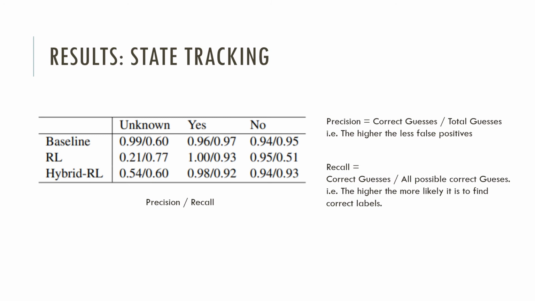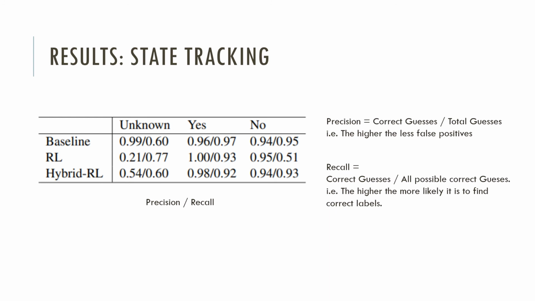Just as a quick reminder, precision is the ratio of the correct guesses to the total guesses that it made. So the higher the precision, the fewer false positives. Whereas the recall is the correct guesses made divided by the total number of possible correct guesses. So a higher recall rate means that it is more likely to find the correct label. It's not going to leave a potential label out when it's there.